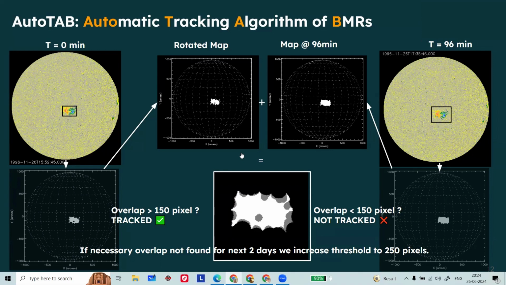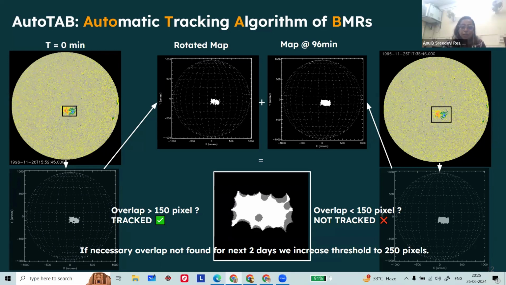Hello, this is Ashwin. I have a quick question. Does your data set also include the rogue sunspots? Because if it is tracking the BMRs, then they will also be included, right? Then how did you separate those things? Okay, here in this analysis, we have tracked the rogue sunspots, but we have not separated out the rogue regions.